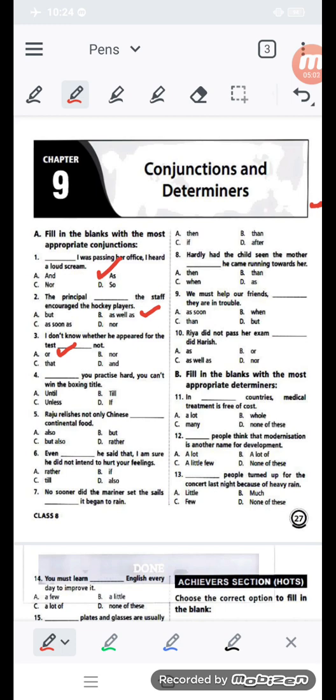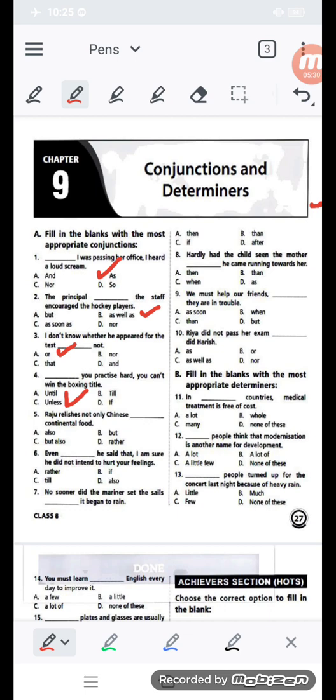Dash you practice hard, you can't win the boxing title. So here I think in question number 4, the most appropriate should be C, unless. Unless means if not. Unless you practice hard, you can't win the boxing title. Next, question number 5.